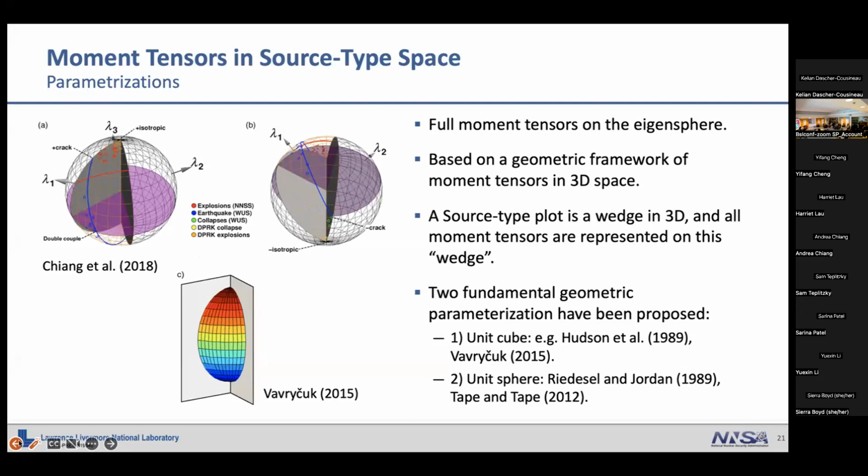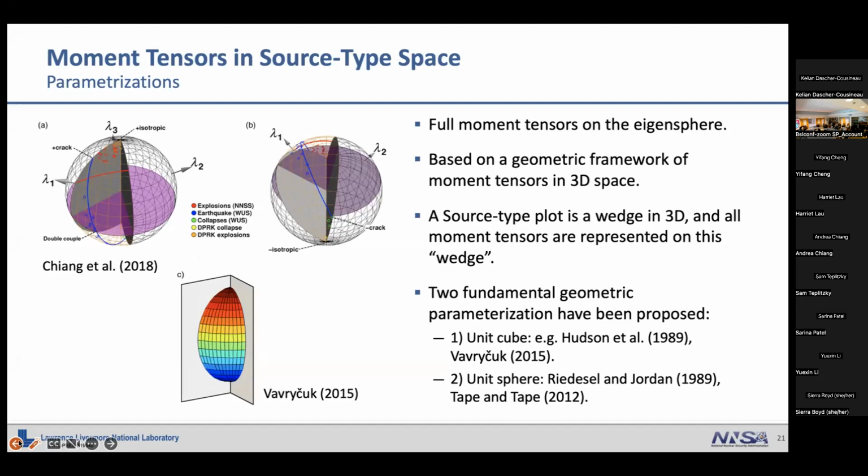Is the uncertainty larger or smaller? So looking at this full moment tensor in the eigensphere is another way of discriminating between events. And another key feature of using this type of representation and not the beach ball is that you don't have to assume a decomposition scheme because you're just plotting basically the three eigenvalues in 3D space.